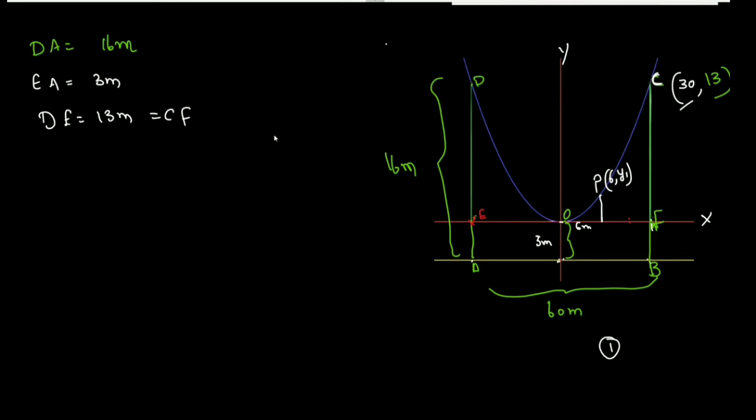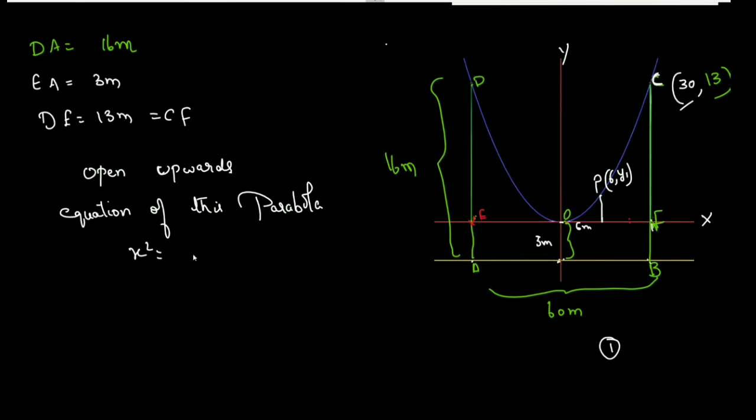So this parabola opens upwards. The equation of this parabola is x square is equal to 4ay. Our first step is to find 4a.